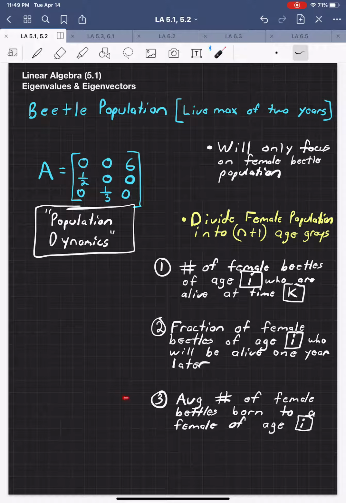And finally, the third group is, what is the average number of female beetles to be born to a female of age i? You have a particular female beetle that has an age of i, and she has some baby beetles. What is the average number of female beetles that are going to be born of that group?